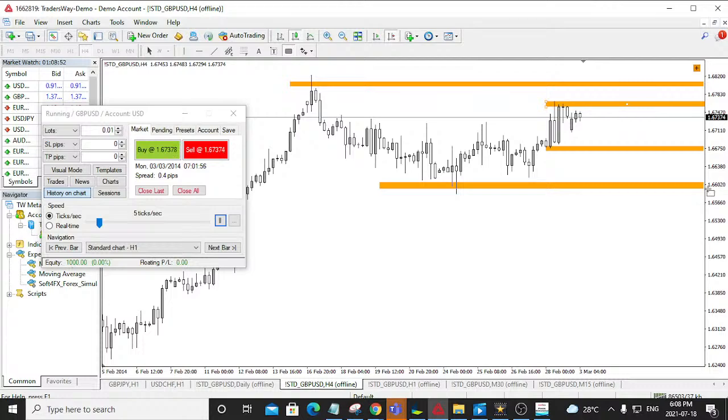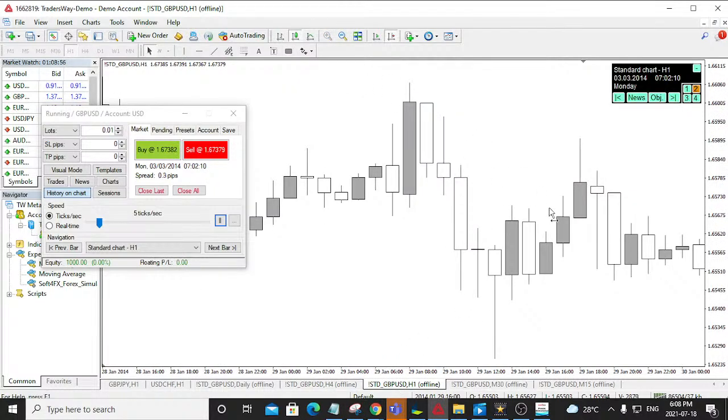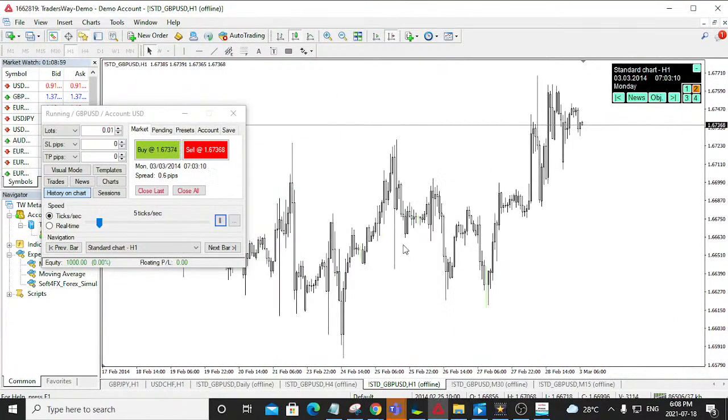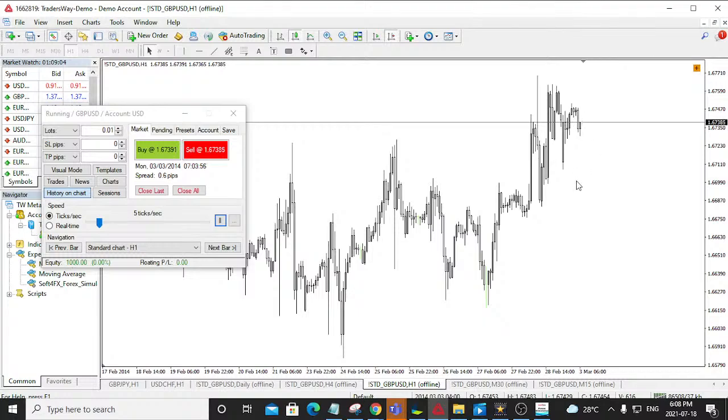Again, we're just here mapping out levels of support and resistance. So let's zoom into the lower time frame here, to the higher time frame here, and see what's happening.